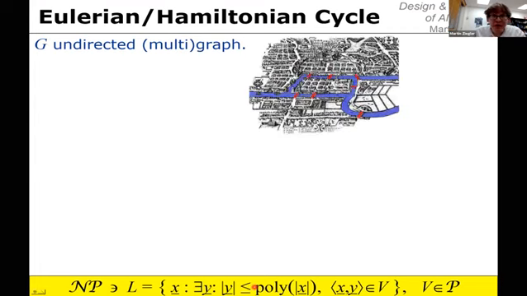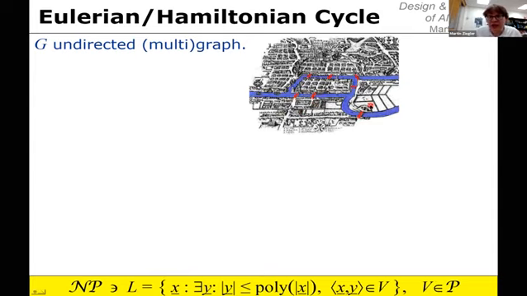To motivate the Eulerian cycle problem, the following question about the Prussian city of Königsberg was posed to Leonhard Euler. Is it possible to start at some place in Königsberg, let's say here, and then cross every bridge precisely once, and then return to the original position?